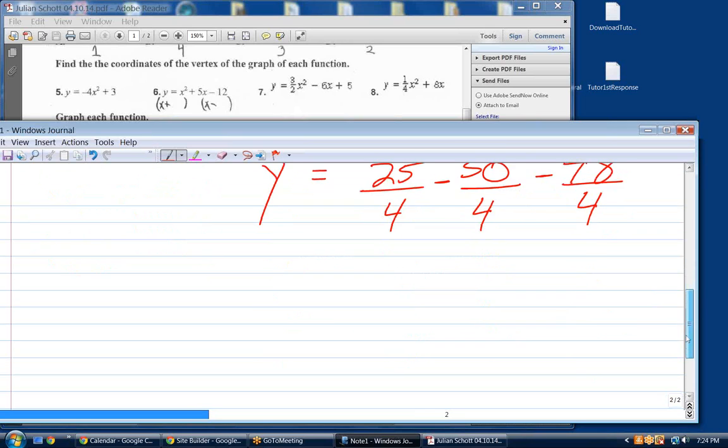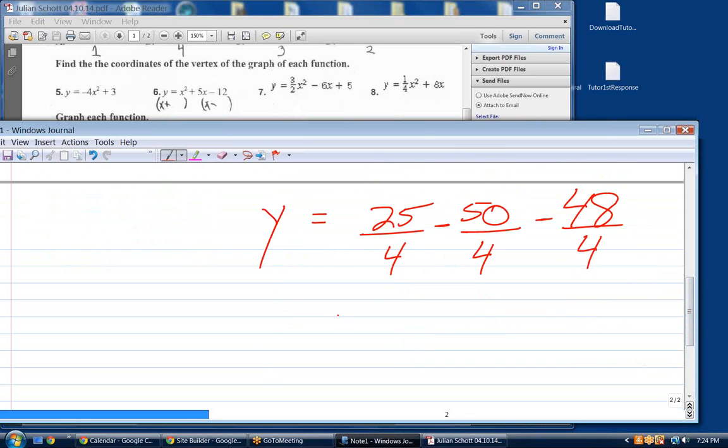Now that I have a common denominator, I act only on the numerators. There's the common denominator answer. So now what is 25 minus 50 minus 48? You can use your calculator if you need to.